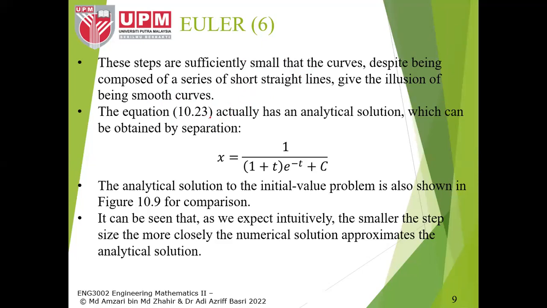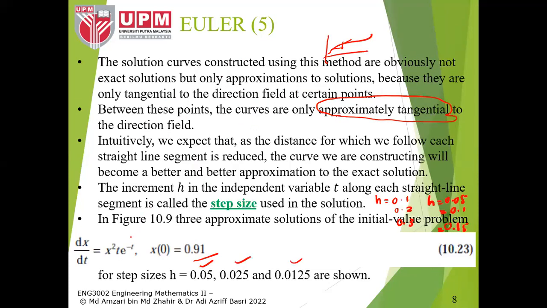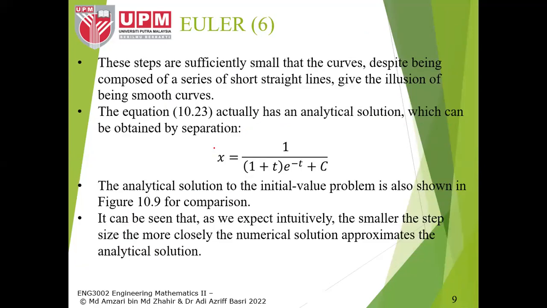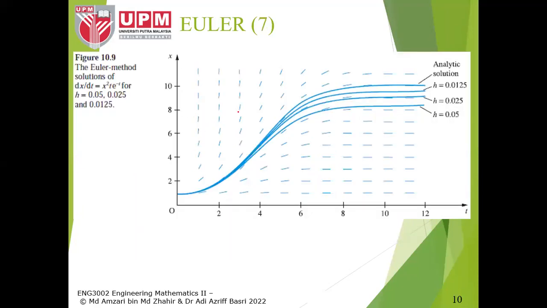In equation 10.2, there is actually an analytical solution. From here, dx over dt, when we integrate, you get this x value. The analytical solution of the initial value problem is shown in figure 10.9 for comparison. This is your function dx over dt equal to x squared t exponent negative t.